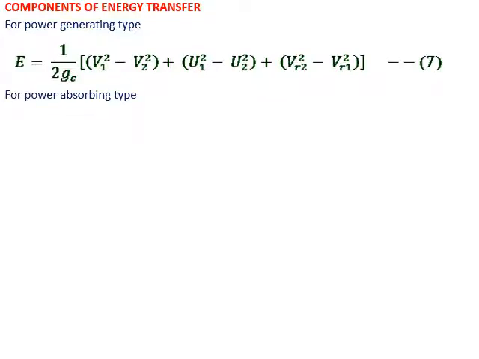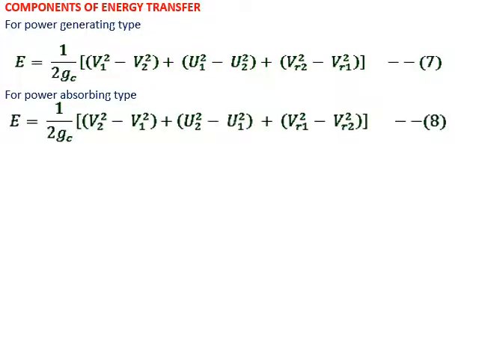For a power generating type of turbo machine, expression number 7 is what we derived in the previous derivation, and for a power absorbing type of machine, this is the expression for energy transfer, expression number 8.